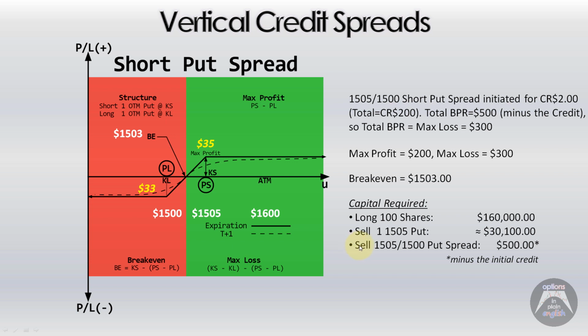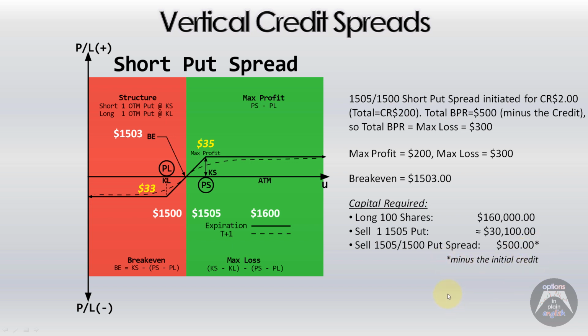Now, if we compare these capital requirements to what we need for the short put spread, for selling the 1505/1500 put spread, you would need the width of the spread, right? And that would be it, $500. And actually, you still need to subtract the initial credit.